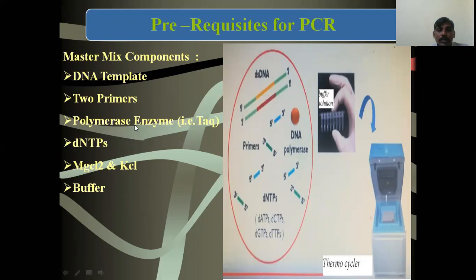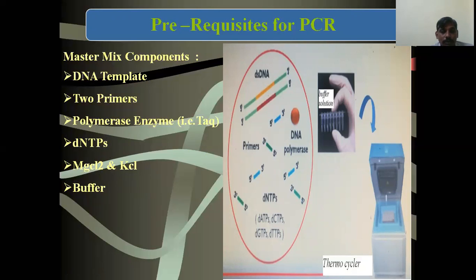That enzyme helps in the extension process by addition of four sets of nucleotides, dNTPs. dNTPs means deoxynucleoside triphosphates, that is GTP, ATP, CTP, and TTP. So four kinds of nucleotides are supplied in the test tube, and magnesium chloride and potassium chloride, monovalent and divalent cations. MgCl2 generally acts as a cofactor, Mg2+ cofactor, for the polymerase enzyme.